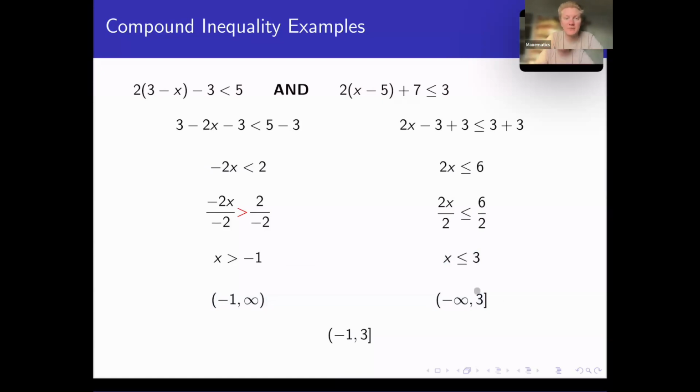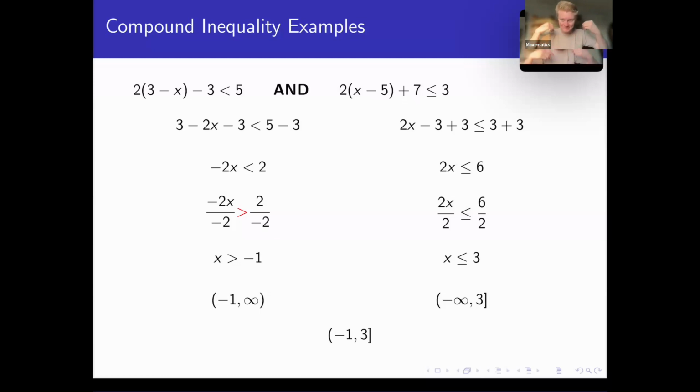So for example, if you plug in 0, 3 minus 0 is 3, 2 times 3 is 6, 6 minus 3 is 3, 3 is less than 5, that one's true. 0 minus 5 is -5, 2 times -5 is -10, -10 plus 7 is -3, -3 is indeed less than or equal to 3. So everything in the solution set is true, everything outside of the solution set would not be true. Try something outside of this solution set to prove to yourself that at least one of them fails.